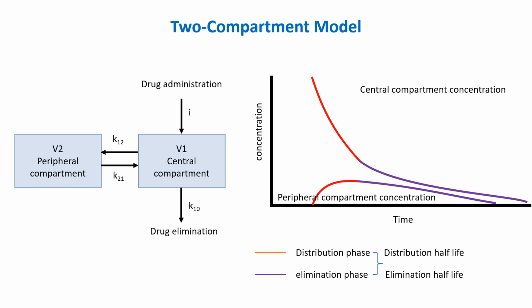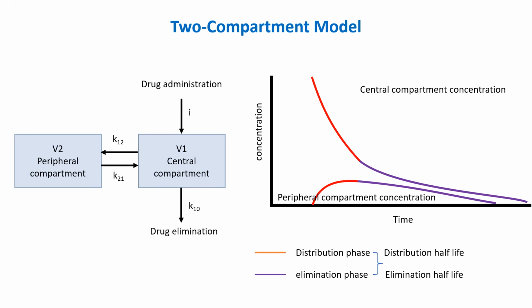Distribution half-life represents the time it takes for the drug concentration in the central compartment to decrease by half during the initial rapid distribution phase. Elimination half-life is the time taken for the total drug concentration in the body to decrease by half during the slower elimination phase after distribution equilibrium have been achieved.